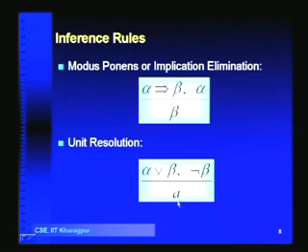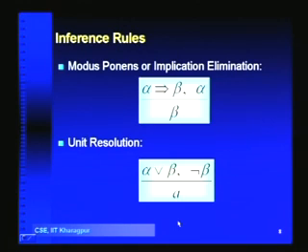Actually, this is written as A, please read this as alpha, this is a mistake. Now, this and this are similar, because when you have alpha or beta, you can write this as not beta implies alpha, right. So, if you have not beta implies alpha and not beta, then you can use modus ponens and arrive at alpha, right. It is the same thing, but these are different rules which have come up through reasoning.